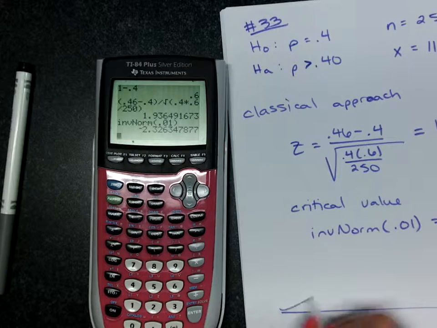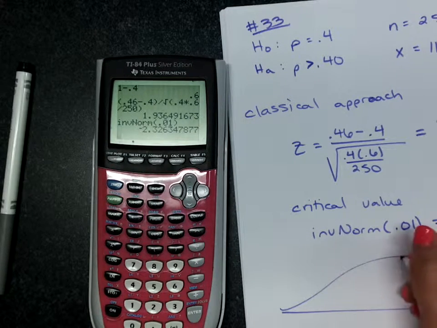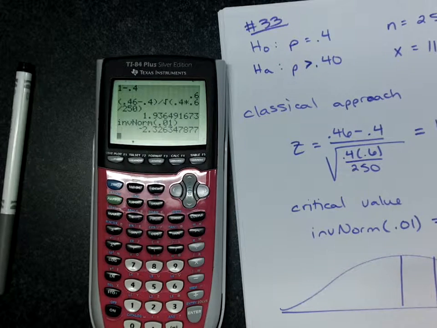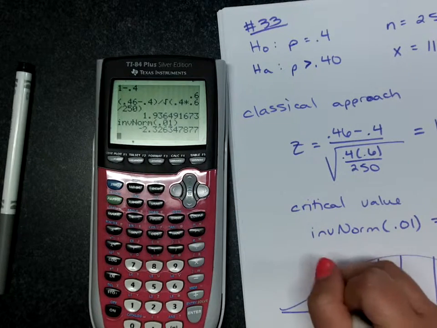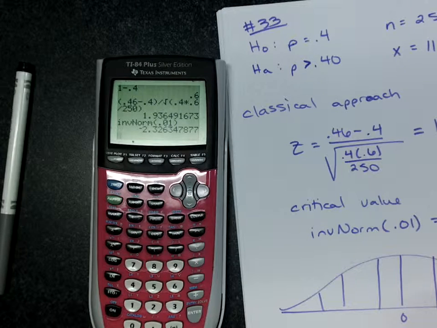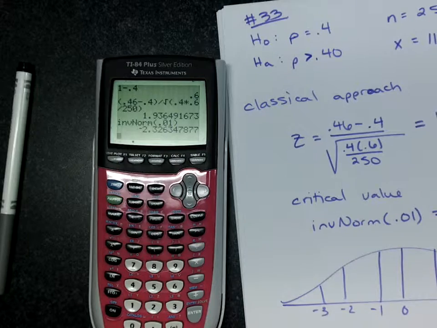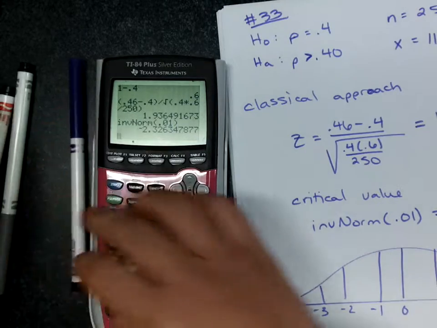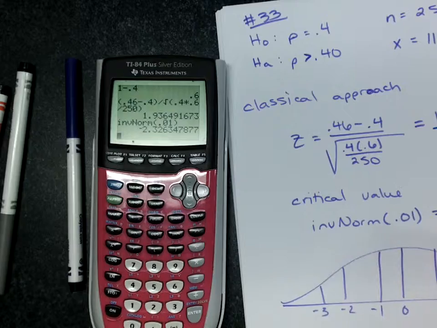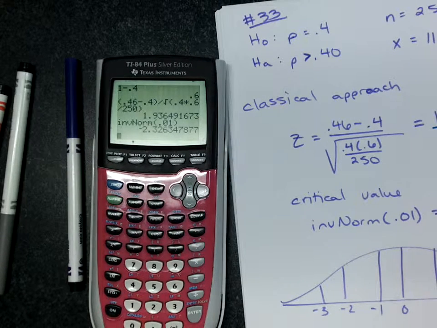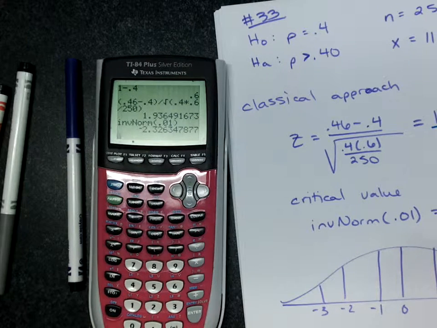So again, if you look at the bell curve, let me explain this quickly. This is the 0 mark. This is the mean. This is 1, 2, or 3 standard deviations above, negative 1, negative 2, negative 3 standard deviations below. So our value was right here. And the cutoff point, you don't need to worry about the negative, was 2.3 up here. So anything beyond that would be too extreme.